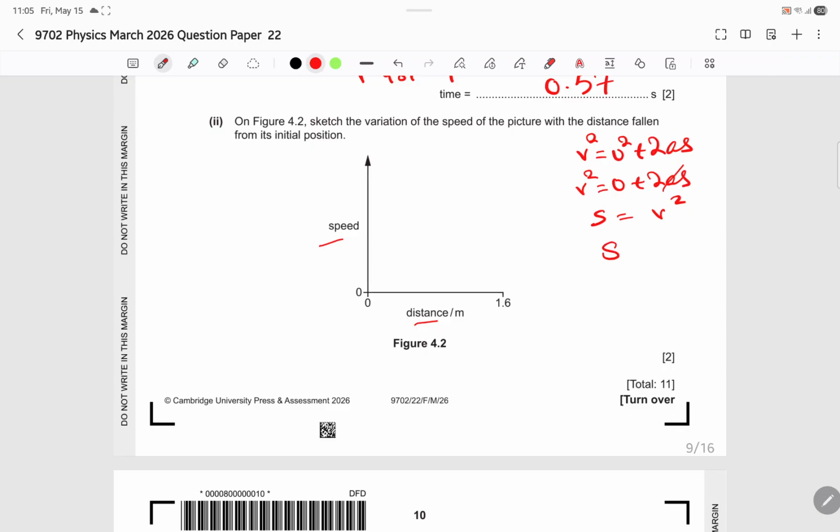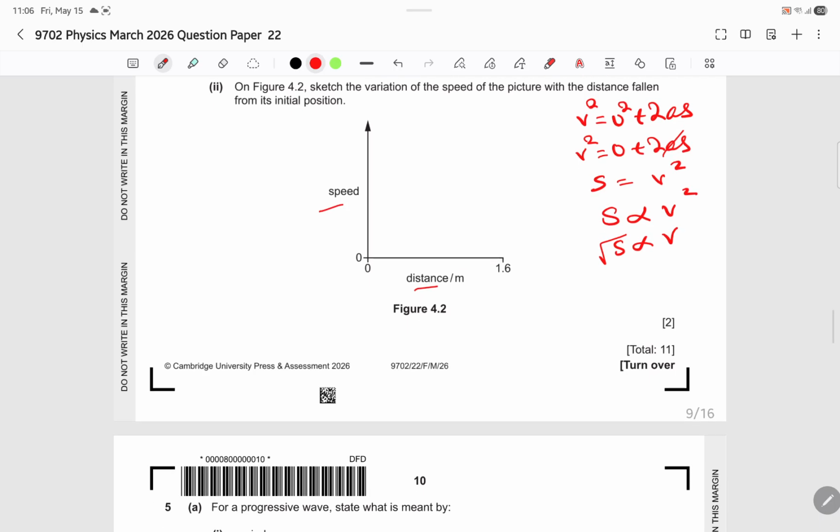And the distance is proportional to v squared. Or if we root both over, the distance, displacement actually, if we root over both of them, it cancels out. So v is proportional to root over s, and whenever it's root over, it's a curve.